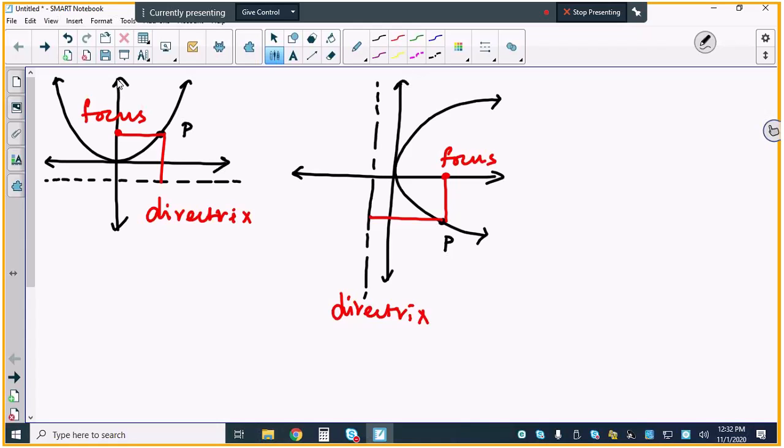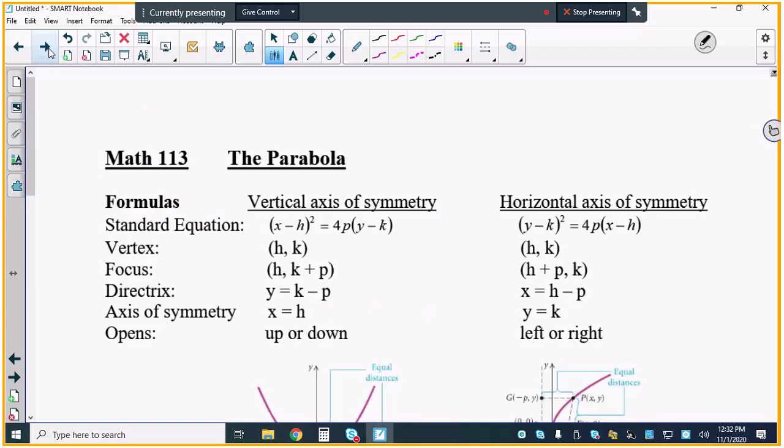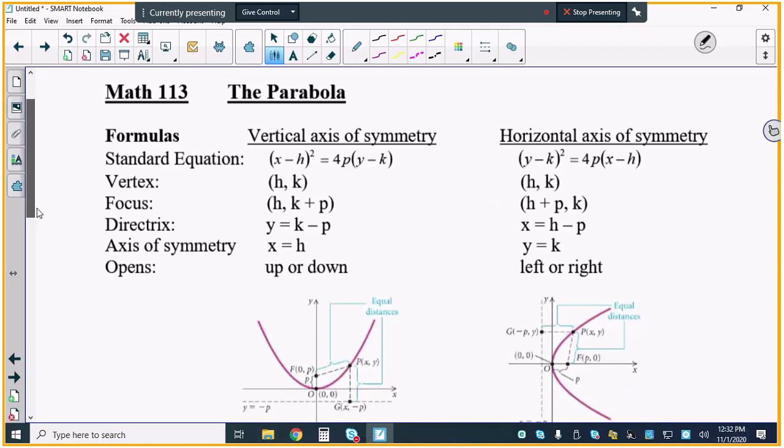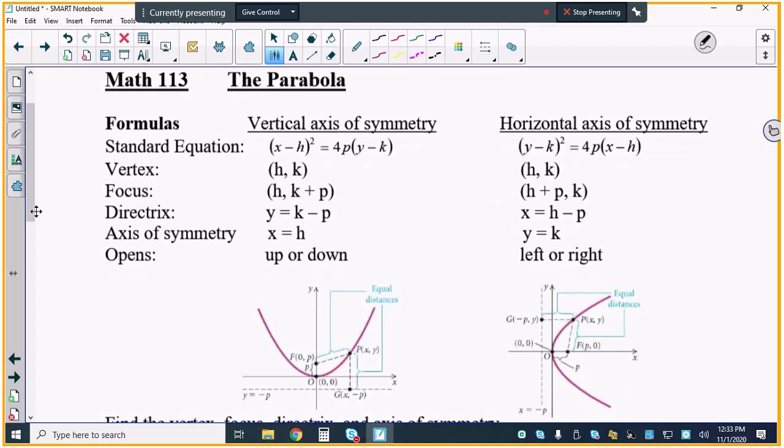Given a standard form of a parabola, we're going to try to understand how to know these different pieces of information. As I said, there are two different forms of parabola, one with the vertical axis as the axis of symmetry, and the other with the horizontal axis as the axis of symmetry.